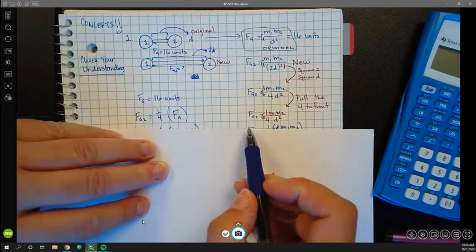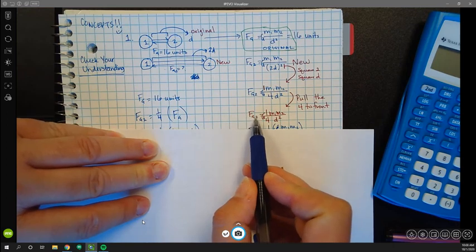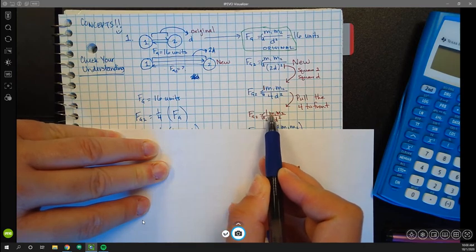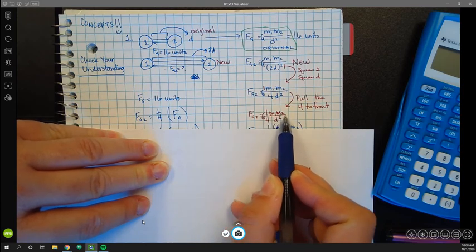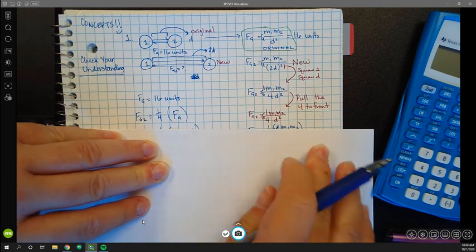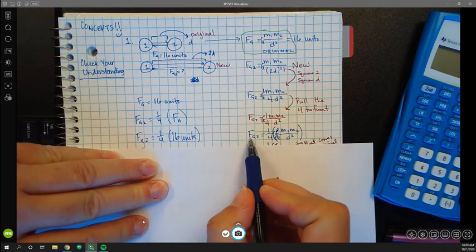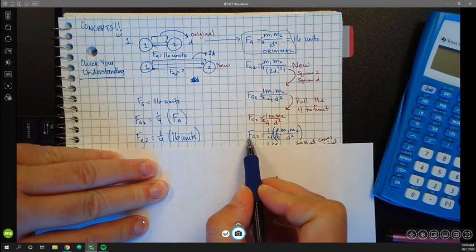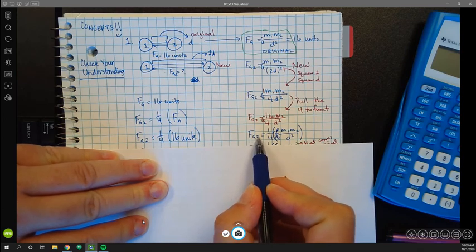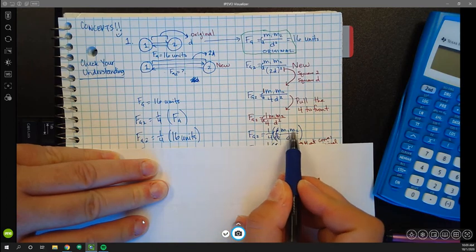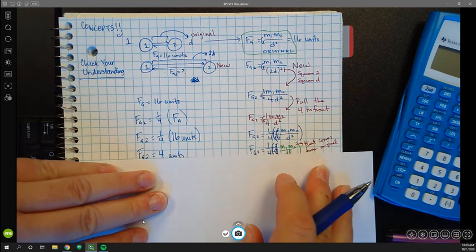So the second, or the new, force of gravity is equal to G times 1 times m1, m2 over 4 times d squared. So if I pull that all the way out to the front, the force of gravity 2 is equal to 1/4 times G times m1, m2 over d squared.